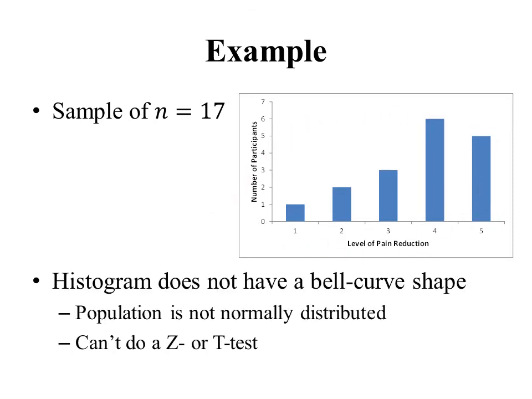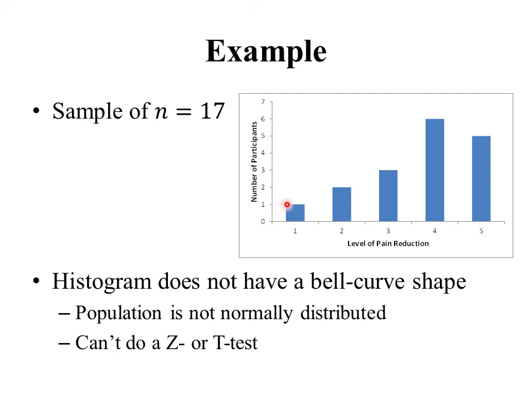Now, notice the shape of this histogram. Remember, the shape of the histogram indicates the distribution of my data, or is an estimate of the distribution of my population. A bell curve shape indicates a normal distribution. A non-bell curve shape indicates something other than a normal distribution.